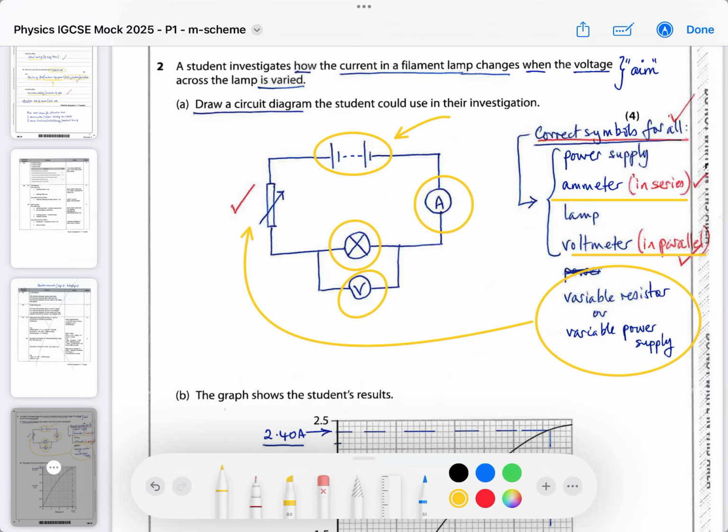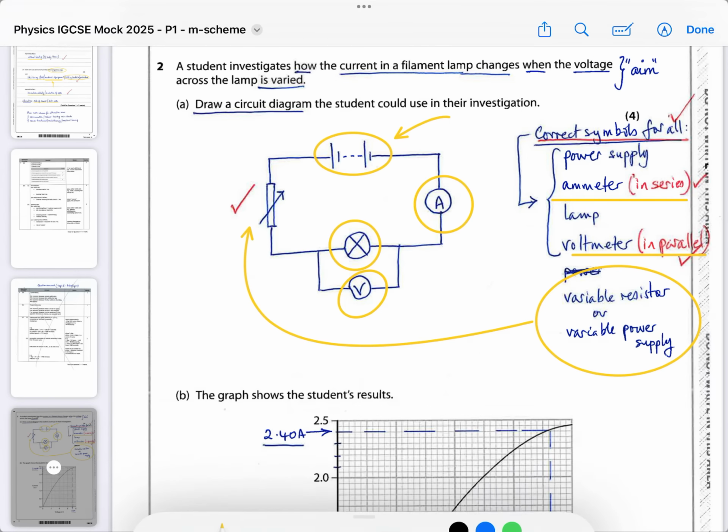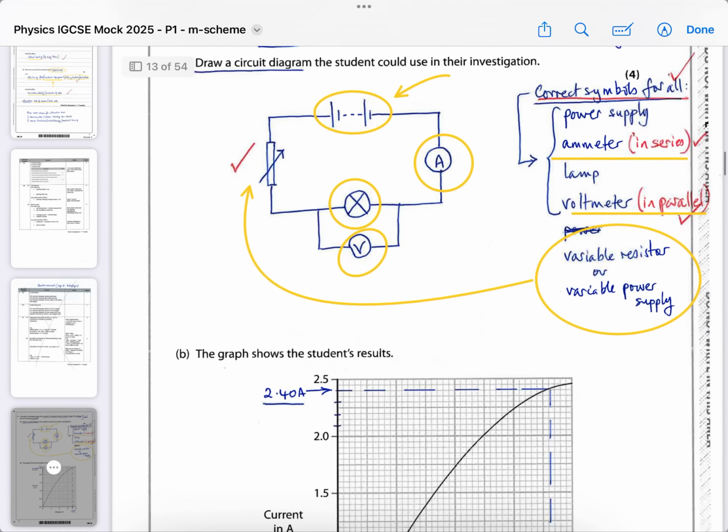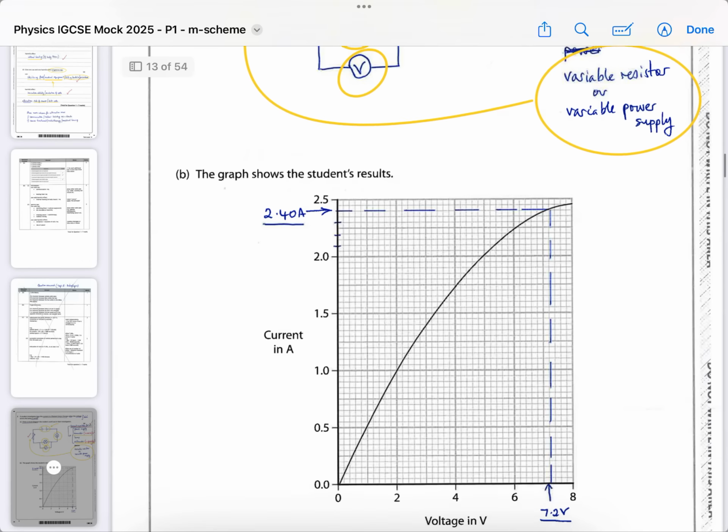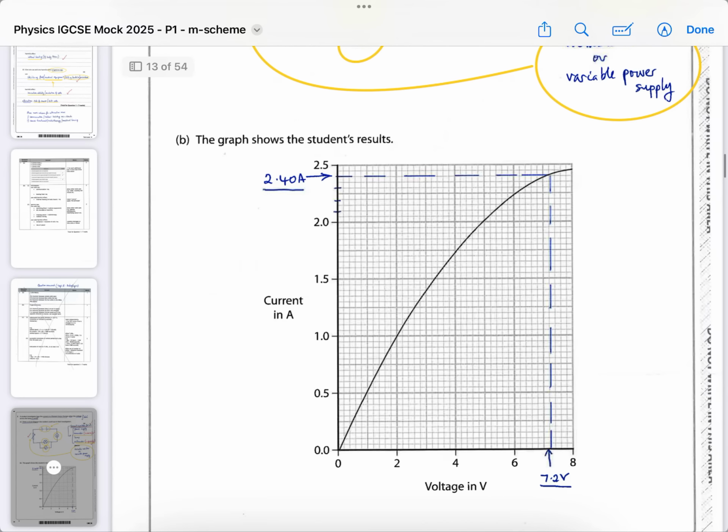But a cell is only going to produce maybe about 1.5 volts maximum, so you're not going to be able to adjust the voltage to the full operating voltage of the filament lamp. Usually when I do this with students, I use a 12-volt bulb, and therefore they can go all the way up to 12 volts. In this case, they've gone up to 8 volts, and they've measured the corresponding current in amps.